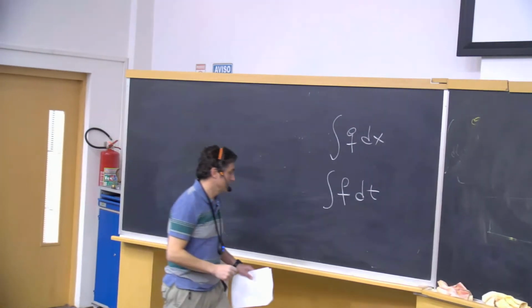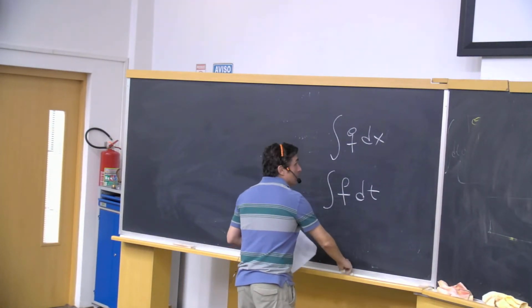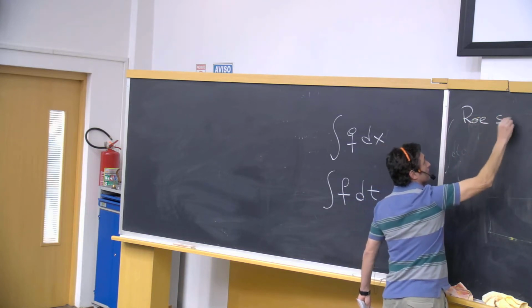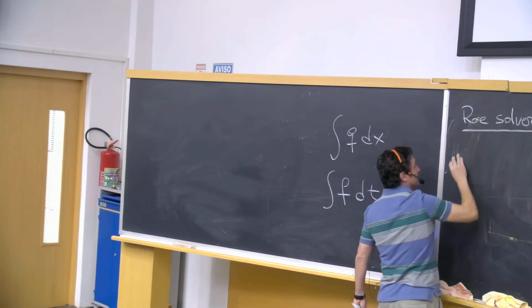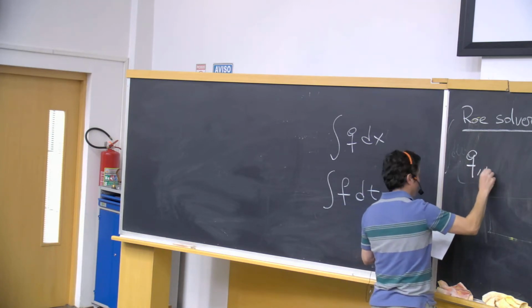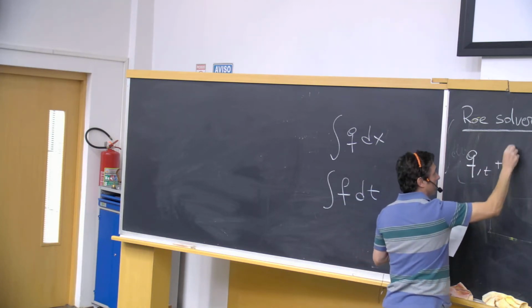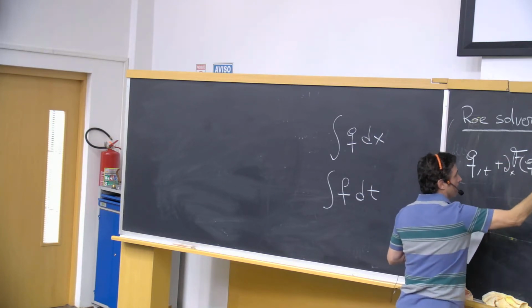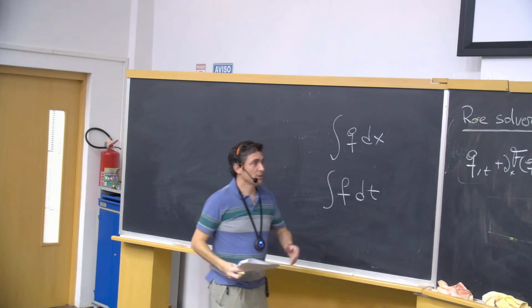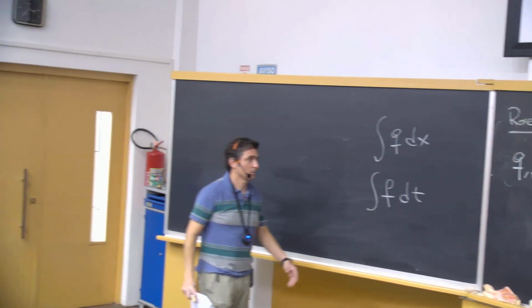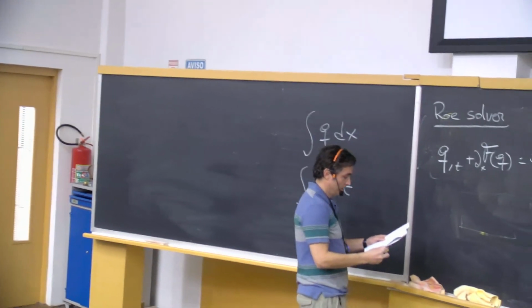This is the technique we were using. So we start with this equation. So that's our equation. It could be Burgers' equation. It could be the full hydrodynamic equations. We're going to discuss them tomorrow.